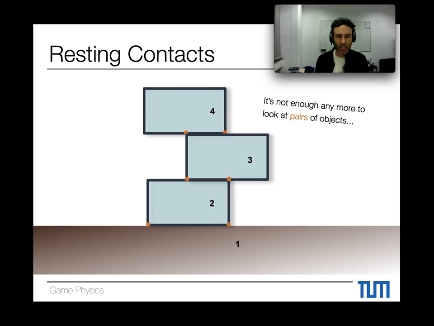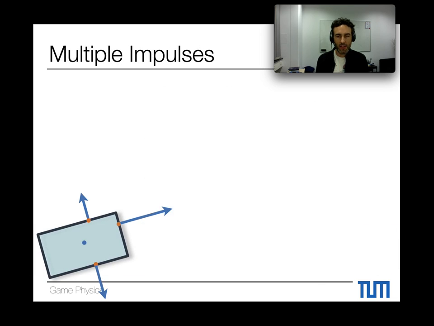Yeah, the general idea here is that instead of looking at object A and B, one collision point and an instantaneous reaction from the bodies, for more generic and more realistic real-world settings, we actually need to look at larger numbers of impulses.